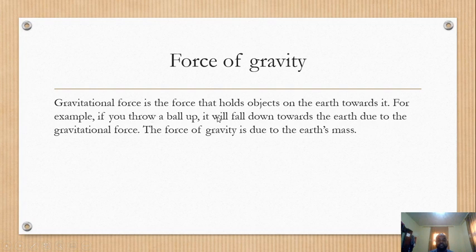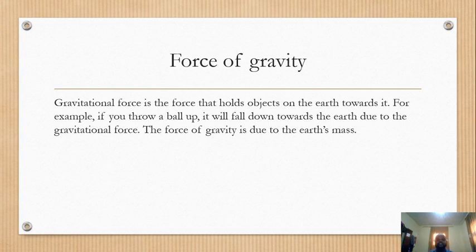Gravitational force is the force that holds objects on Earth towards it. For example, if you throw a ball up, it will fall down towards the Earth due to the gravitational force. So if you throw something up, the Earth will attract it towards itself. It holds it down because there is force of gravity.